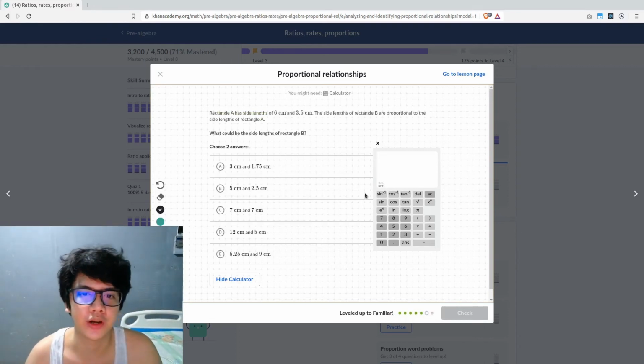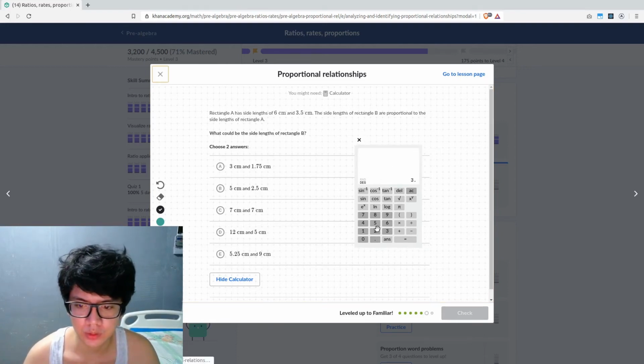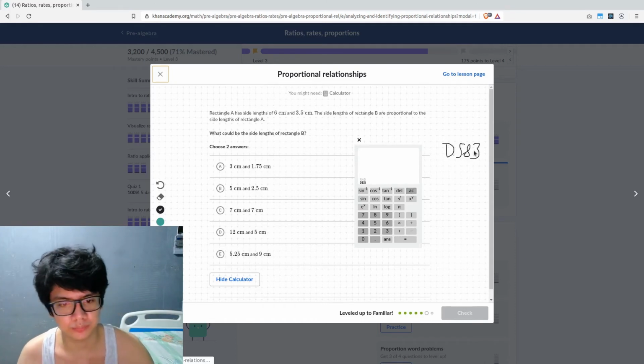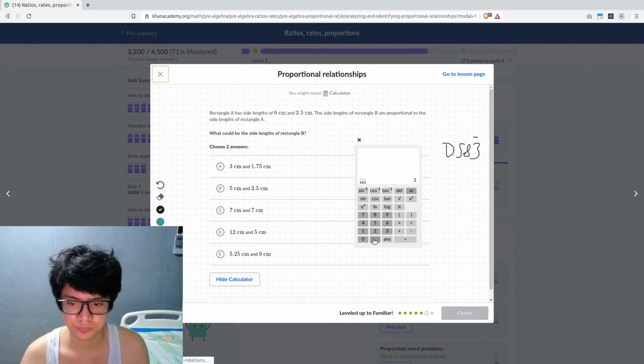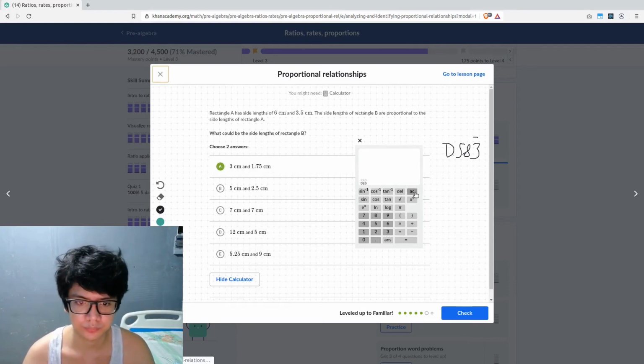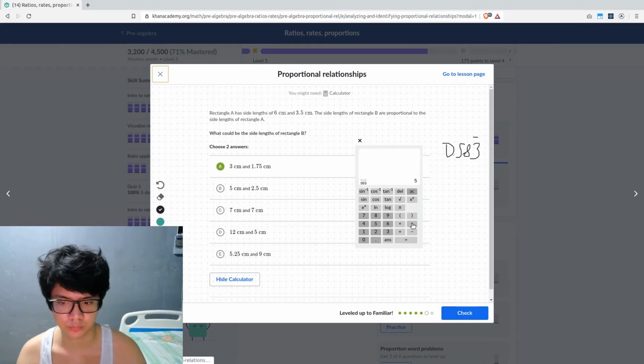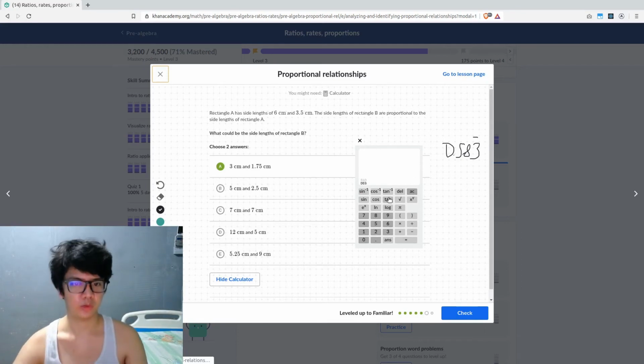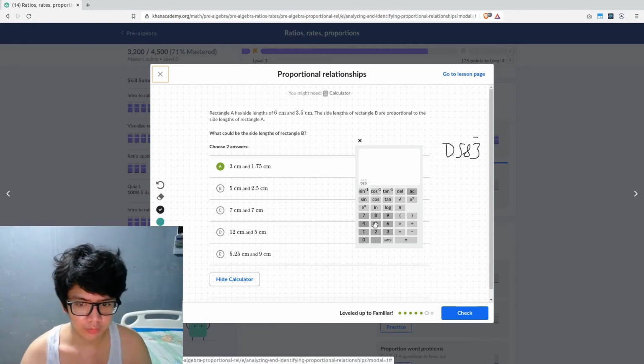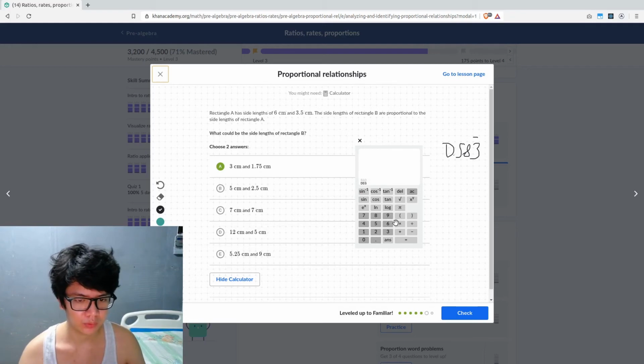Rectangle A is adding of 3. Okay. 3.5. Divided by 12.